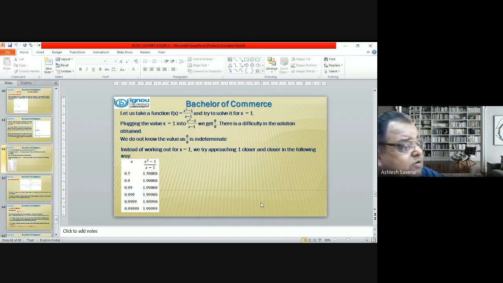When you place these values, you will see that you are approaching 1.99 when your value of x is 0.99. When your value of x was 0.5, you got 1.5. In other words, when you are moving from 0.5 to 0.99, the value of the function is increasing from 1.5 to 1.99.